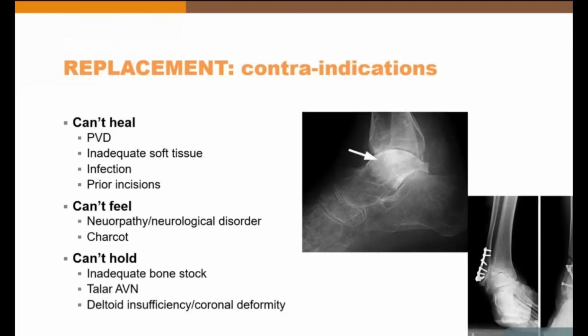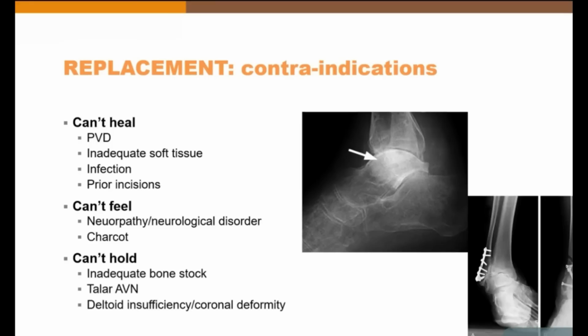Can't hold, we're looking at inadequate bone stock, so bone loss either from trauma or previous surgeries. Talar avascular necrosis, as shown in the upper left picture, with increased radiodensity of the talar bone stock. This means that there is less likelihood of incorporation of the implant into the talus and higher risk of failure.